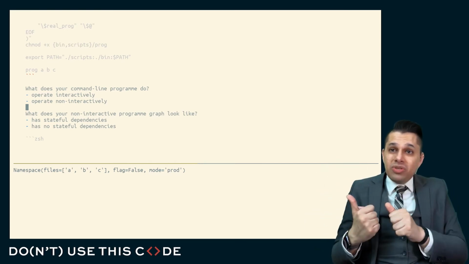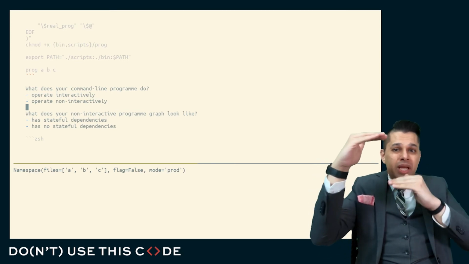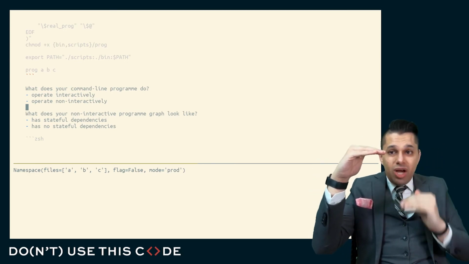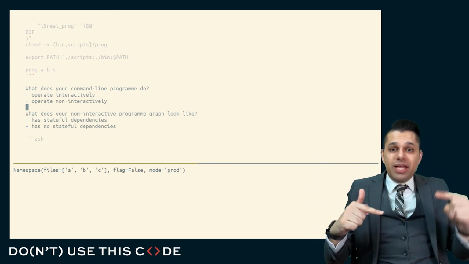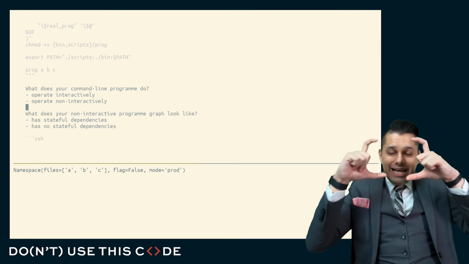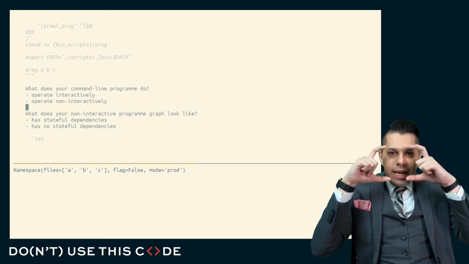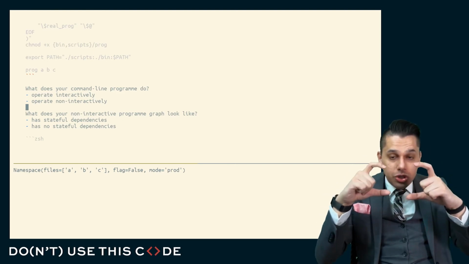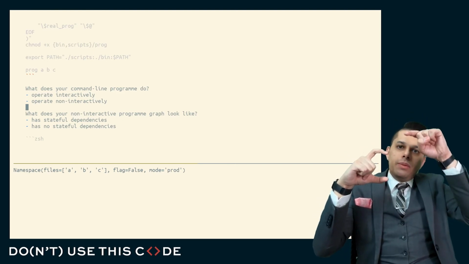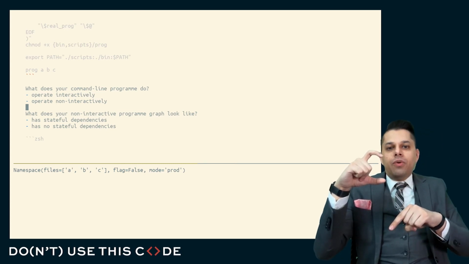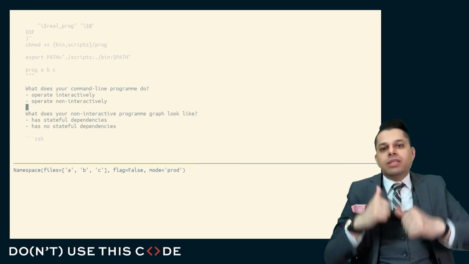A program that has no stateful dependencies is just something which is a combination of commands that run. Maybe there's a modality there that's determined by the input, but because the core of that script is stateless, it never has to see the outside of the world and never has to interact with the outside of the world. And also, given the input, you can predetermine what commands it's going to run because none of the commands rely on some previous state.